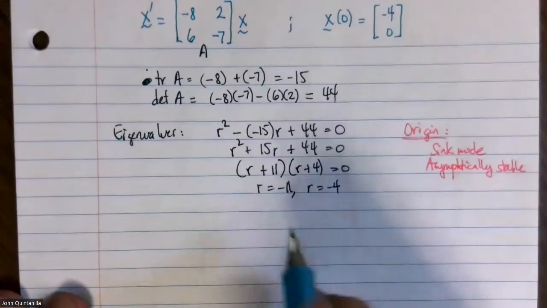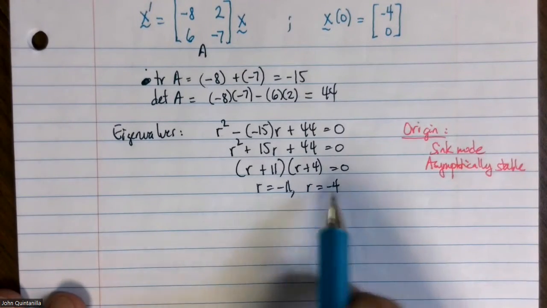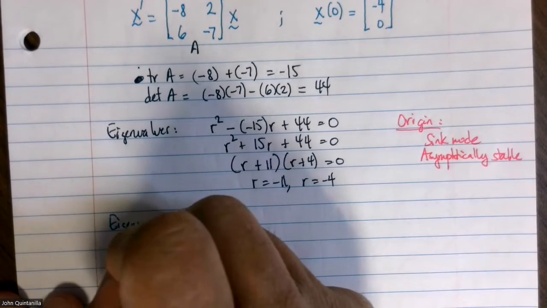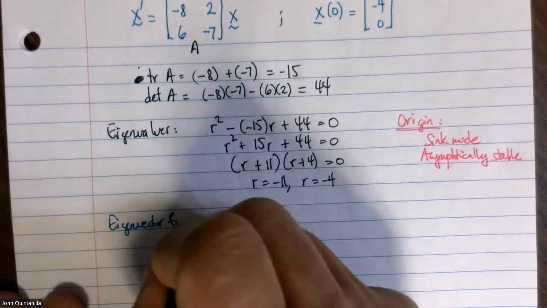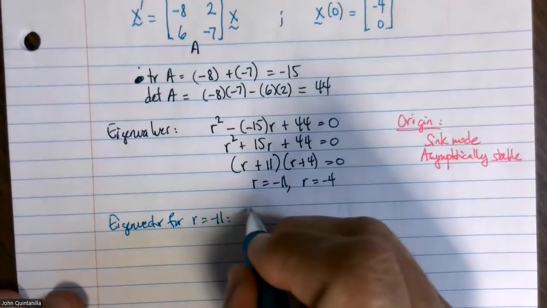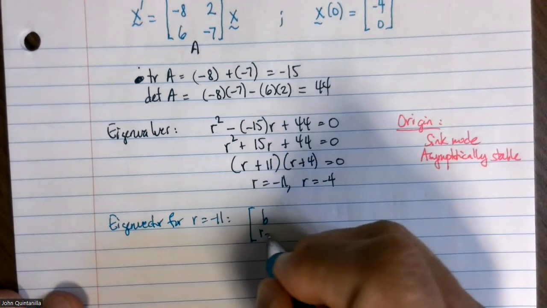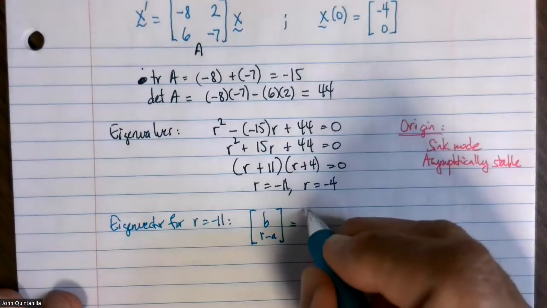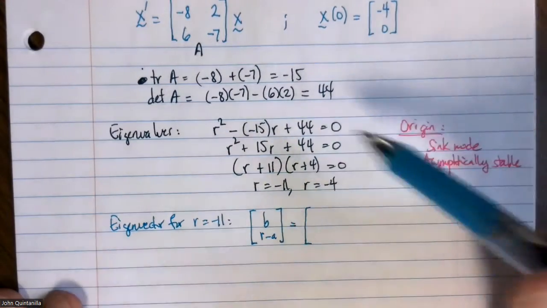To find the general solution, we now need to find the eigenvectors associated with these two eigenvalues. So I get the eigenvector for r equals -11. My shortcut formula is b, r minus a. There is a more general method that you probably saw in linear algebra, but because this is a 2 by 2, I'll use my shortcut method.